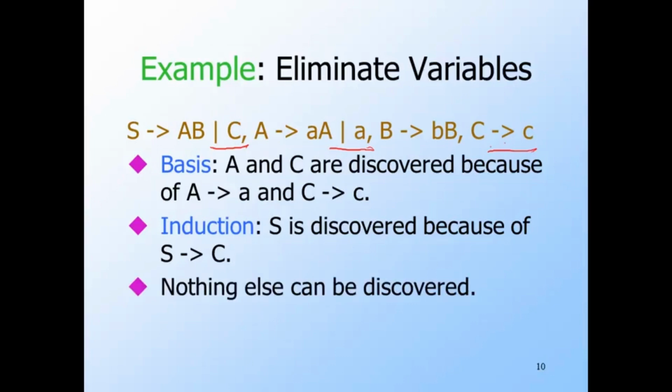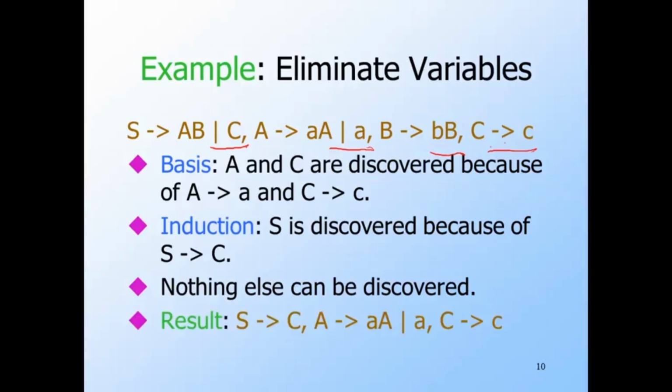However, at the next round, we can discover no more variables. The only variable we have not yet found to derive a terminal string is B, and B has only one production body, which is little b, followed by big B. But this body does not consist only of terminals and discovered variables, so we can never add B to the set of discovered variables.